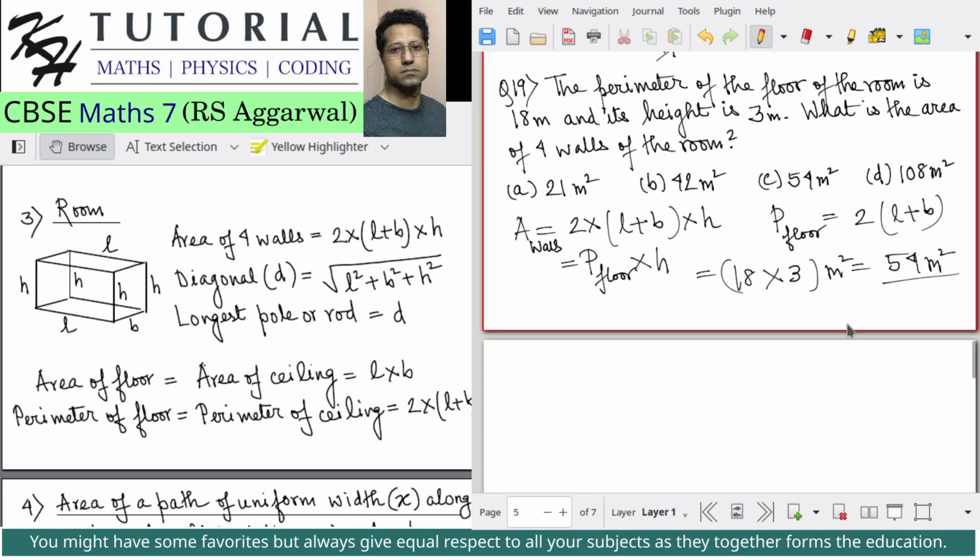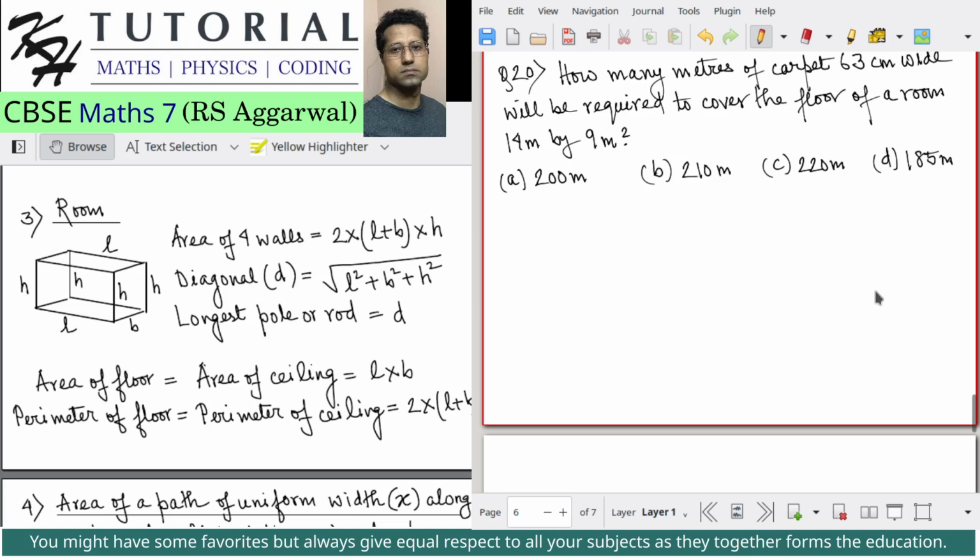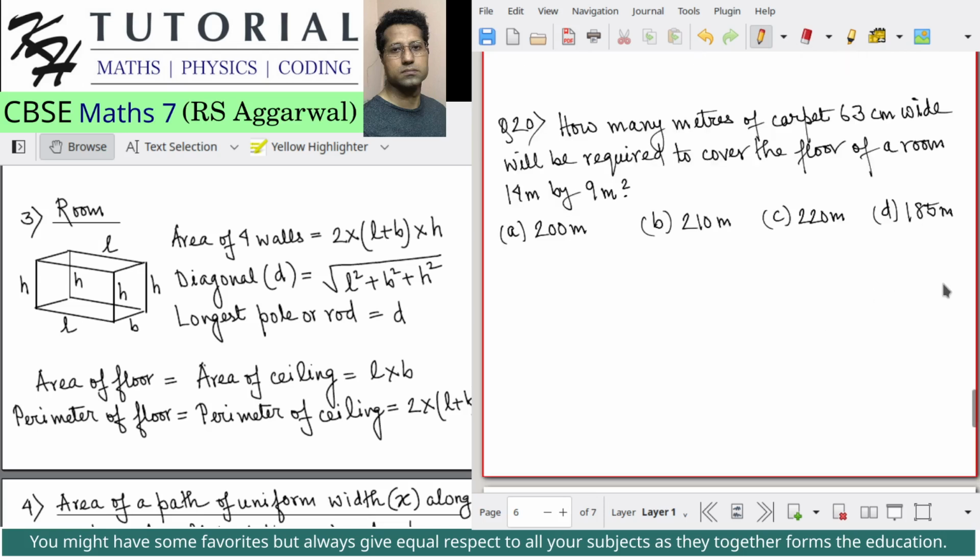Okay, let's see the next problem, the last problem in this video. Question number 20. How many meters of carpet 63 centimeter wide will be required to cover the floor of a room 14 meter by 9 meter?